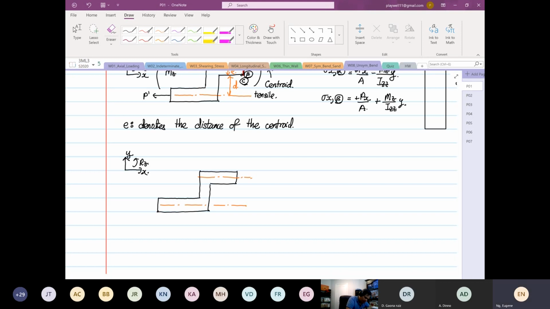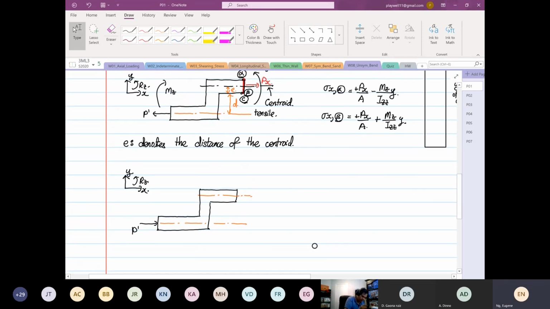The location of the force now, I flip it over. Now we have P prime. It's so typical of me to do this for you in your exam or in your term test.